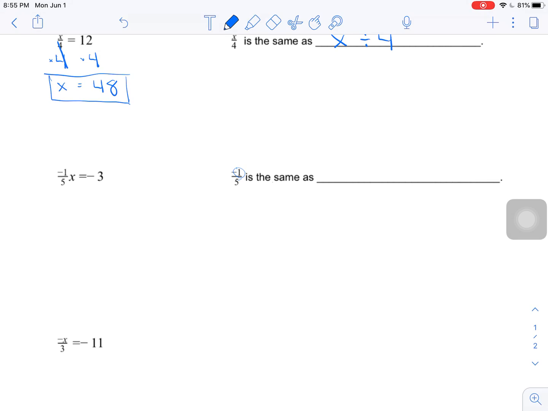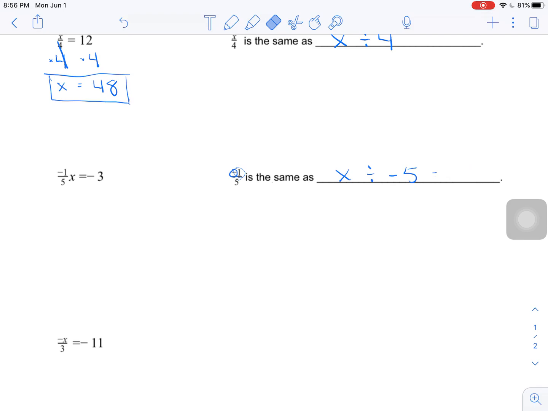So this negative 1/5 x, we could rewrite as x divided by negative 5. It's the same thing as dividing it into 5 pieces, but it is negative, so divided by negative 5. So you could rewrite the equation that way. So we'll save that part for the actual equation.